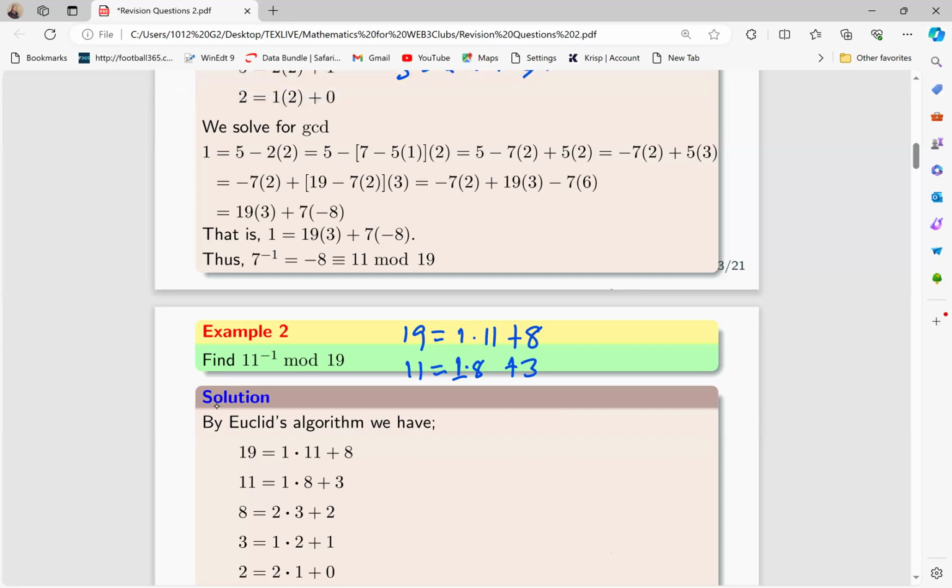Now 3 into 8 will go there twice, and the remainder will be 2. Now 2 into 3 goes there once, and the remainder will be 1.